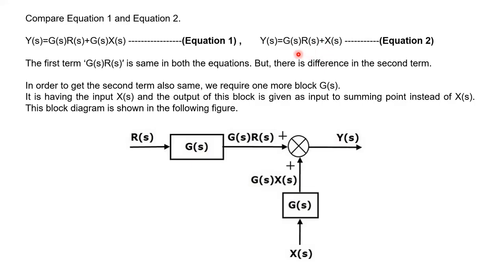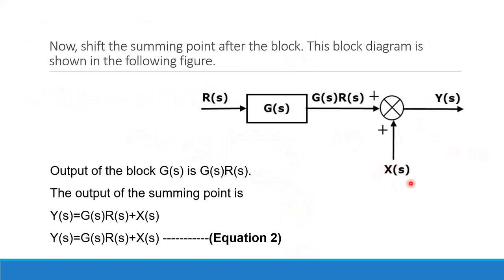Now to do such a thing, we have to make some changes. We have to improvise the diagram. Now this diagram has the X of S input, and your output is dependent on both these things.